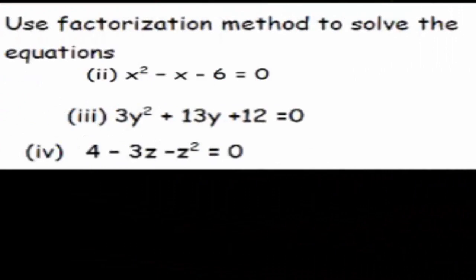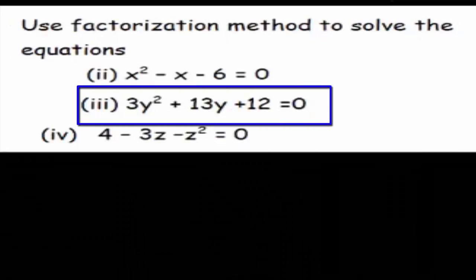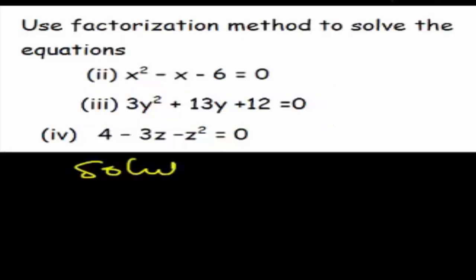Alright, if you look at the third question we have there, the third question is 3y squared plus 13y plus 12 equal to 0. Solution, we have 3y squared plus 13y plus 12 equal to 0.